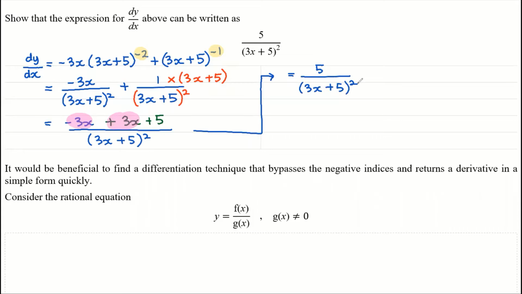If you set it equal to 0, you would get a situation where the denominator can never be 0, of course, and 5 can never be 0. So there are no stationary points. But there is a key property about the gradient that we can discern from how we've written our answer, which we couldn't see before. And the thing that I'm getting at is that the numerator is clearly a positive number. Okay.